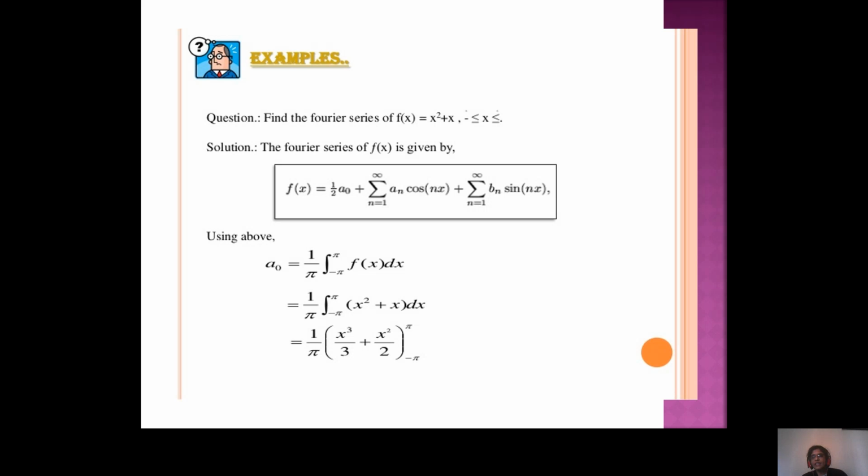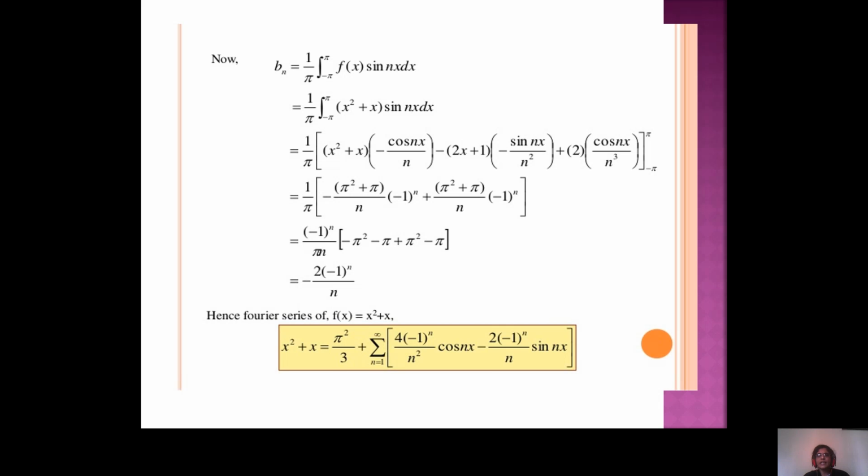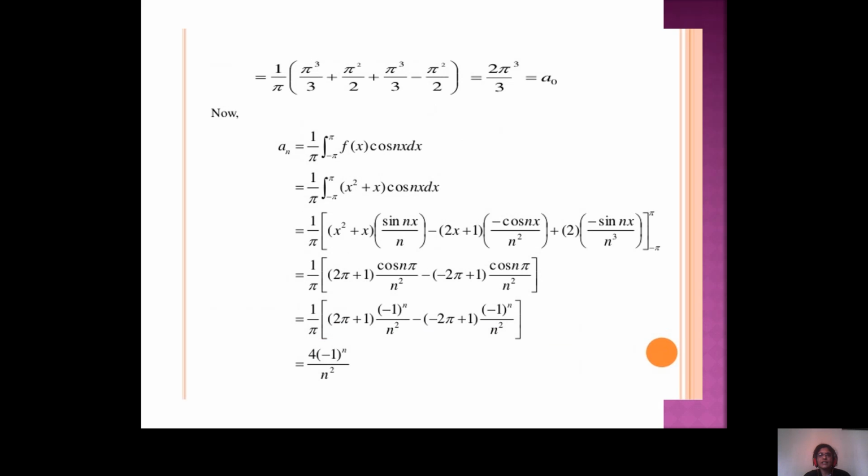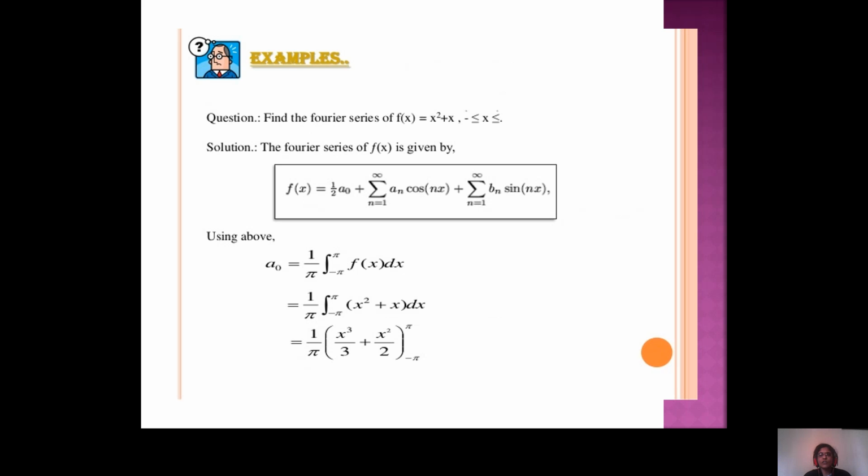So 1 by pi, integration of x squared is x cube by 3, and what about the x? Integration of x is x squared by 2, from minus pi to pi. So a naught is equal to 1 by pi x cube by 3 plus x square by 2, from minus pi to pi.